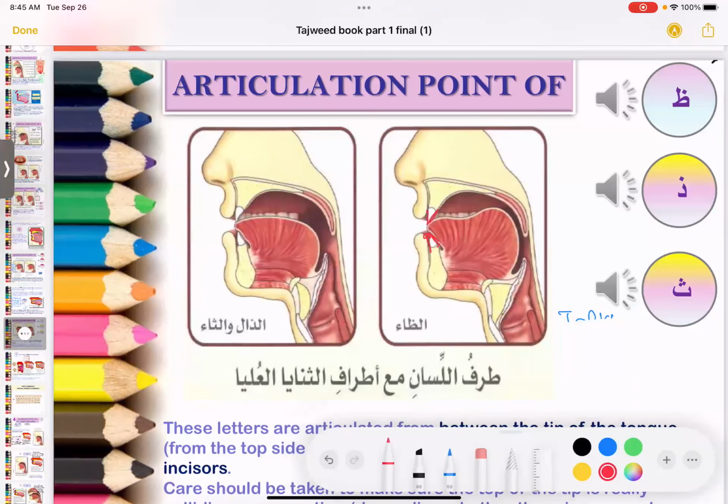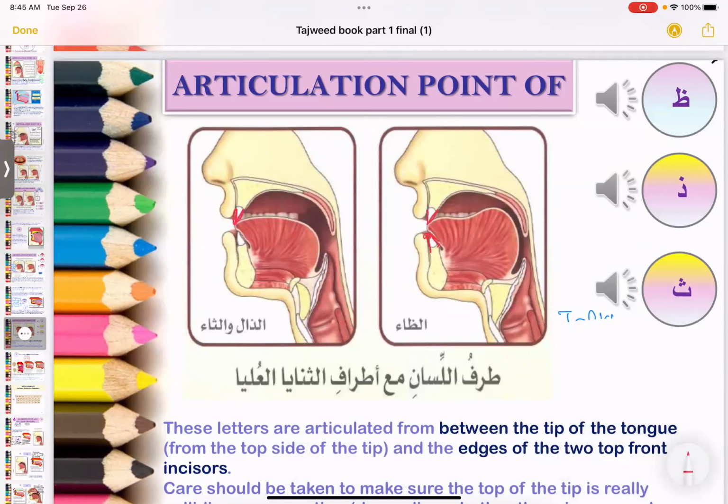Okay, you can see these are your top central teeth and the lower incisors. These are called incisors, your central incisors. We have talked about the different placement of the teeth in our previous classes, so you know what I'm talking about when I say central incisors. These are your biting teeth, right? So with the top biting teeth, you stick your tongue out.